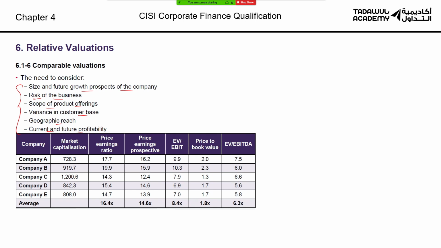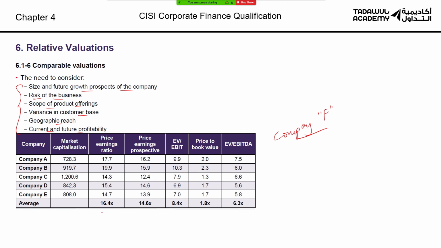So assuming that you have a certain company, let's call it company F, and I want to obtain a value for company F. One of the ways for me to do it is to look at the current market valuations and then work backwards.